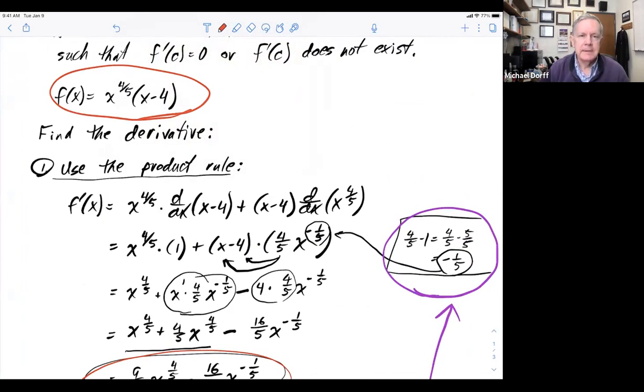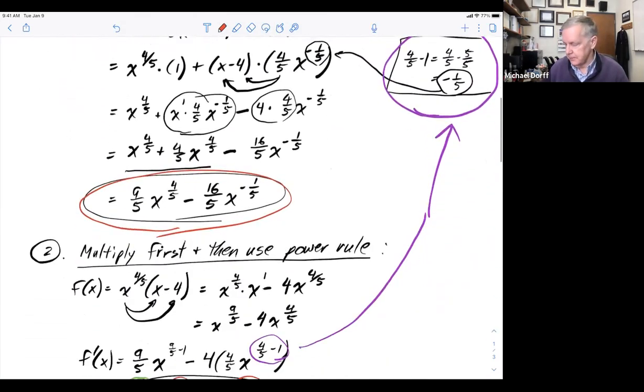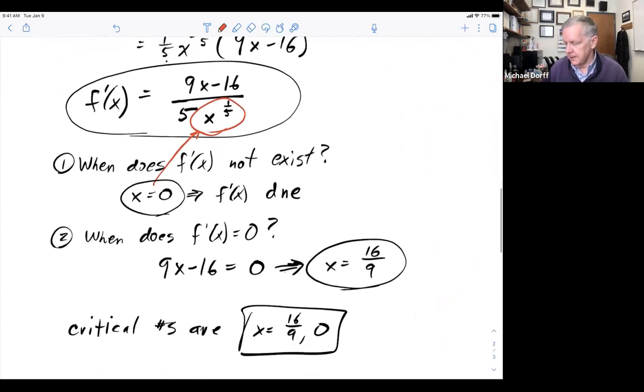And I have no x to the negative power that could give me an x in the denominator. So I'm okay. x can equal 0 in the original domain, but when I took the derivative, we saw that I do get an x in the denominator, and so the derivative does not exist at x equals 0. So it is a critical number.